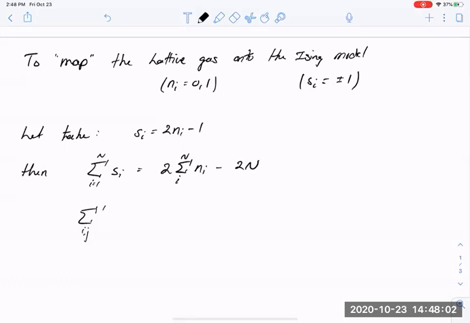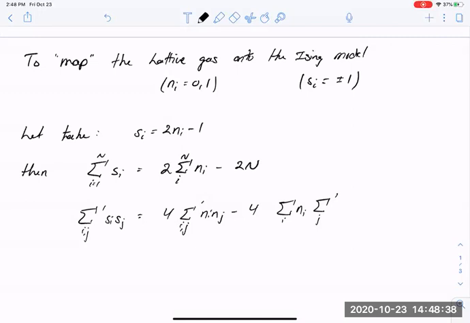The double sum over nearest neighbors of a product of spin i and spin j results in 4 times the occupation variables n_i n_j minus 4 times a sum over n_i times a sum over j primed.